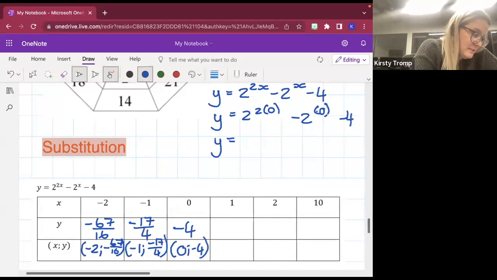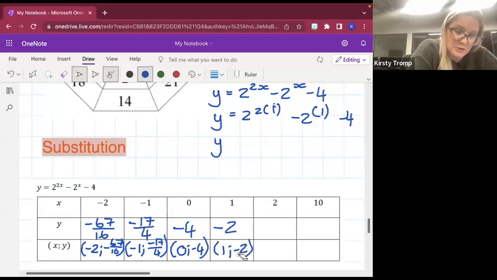Well done. Okay, my next one is going to be 1. Go put 1 in on your calculator. And we get negative 2. So I'm going to have 1 is to negative 2. Fantastic. Well done, guys. Well done.